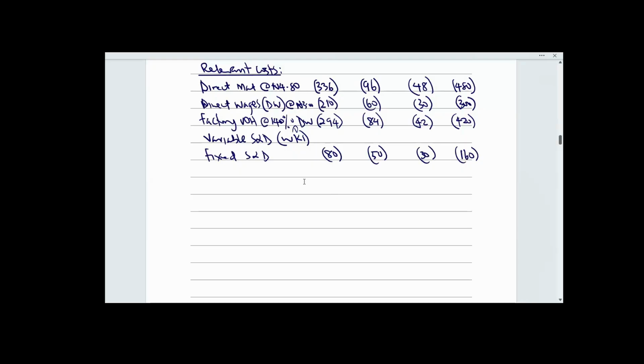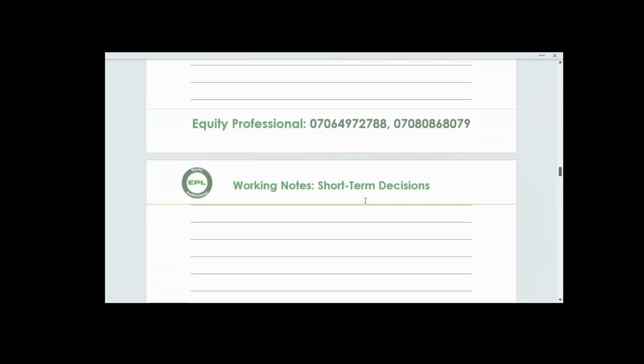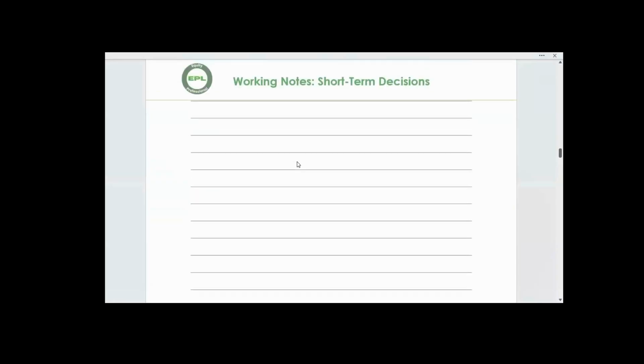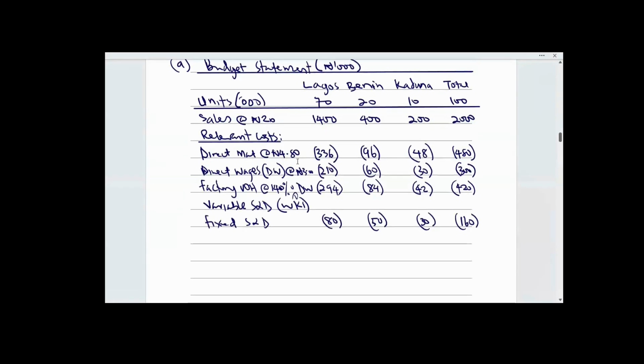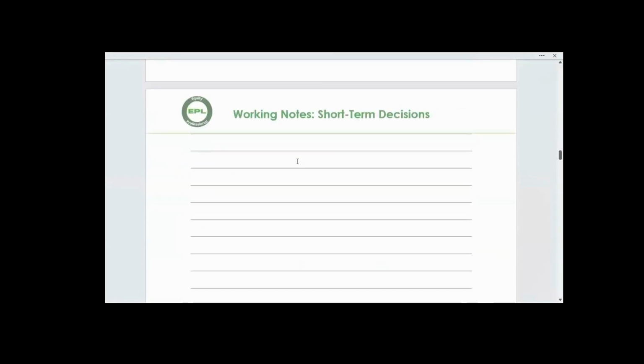So let's go and do working for variable selling and distribution expenses. On the requirements, the B part, you have to redraft the statement. Then it's C part, you have to prepare another statement. So that means we are going to have 3 different pages for our statements. This should be for this, then working.